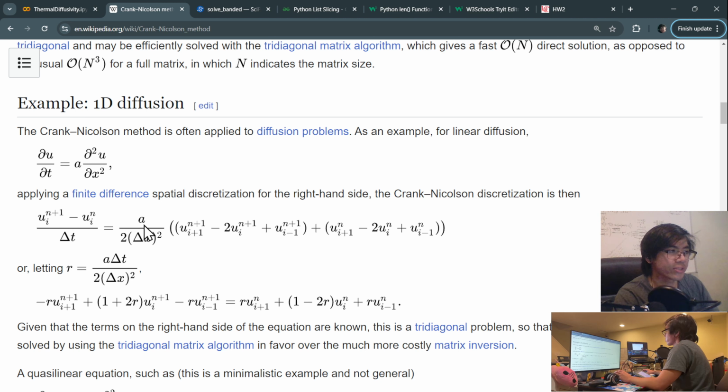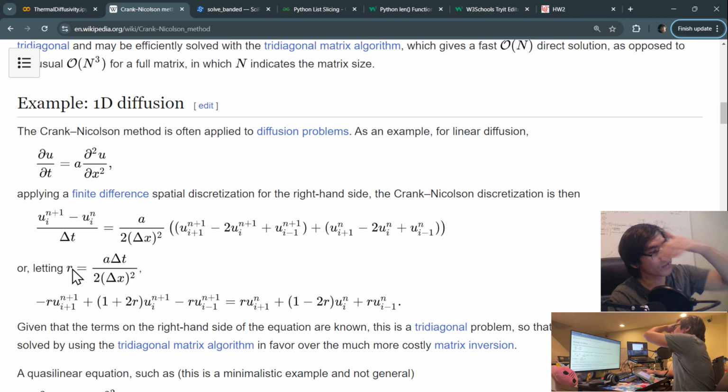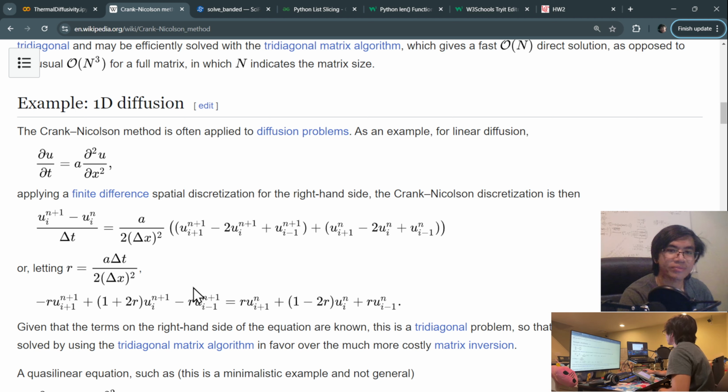So we divide by 2, again moving this over. Remember that R is equal to our thermal diffusivity, here they have a constant, times our change of time discretization over 2, and then our spatial discretization squared.